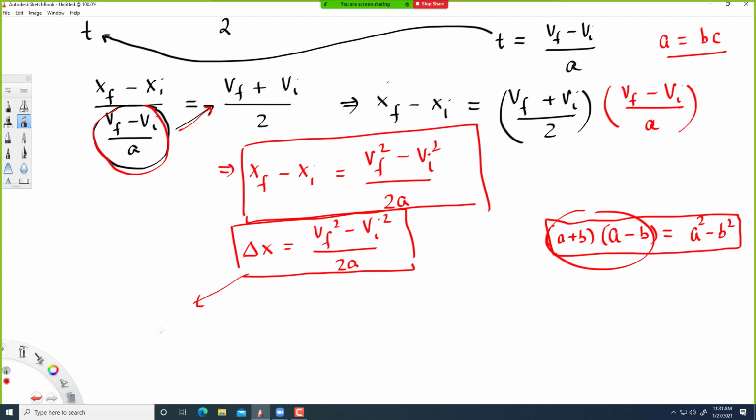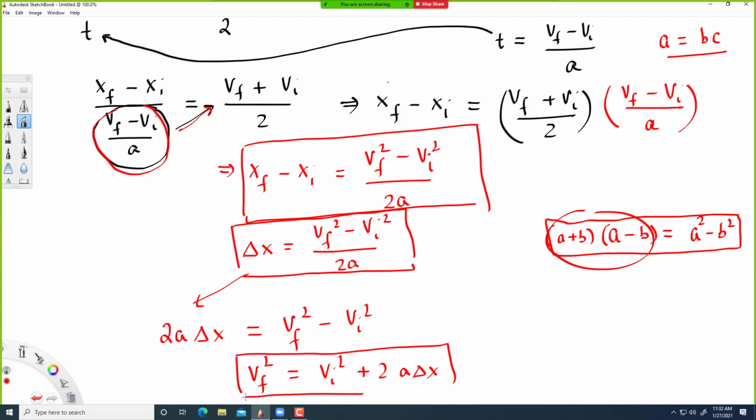So I can write this as 2a delta x, take this to the left, then vf squared minus vi squared. We can write this as vf squared is equal to vi squared plus 2a delta x. Just rearranging the terms, you can get that. So these are all same. That's the third equation.